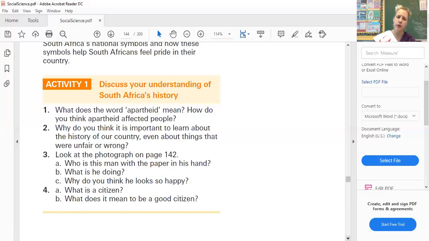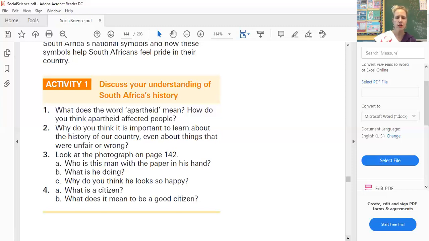B, what is he doing? Okay, he is placing his first ballot paper in the voting box for the very first democratic elections ever in South Africa, where every South African citizen 18 and over of any color, race, religion, gender could vote for the first time, and that is called democracy.